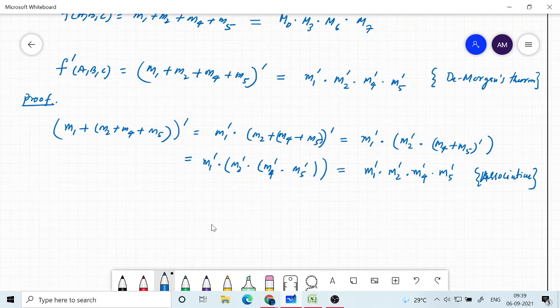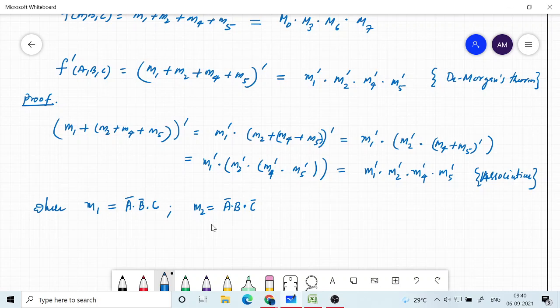Now what are m1, m2, m4, m5? m1 is basically A bar dot B bar dot C, and m2 is basically A bar dot B dot C bar.